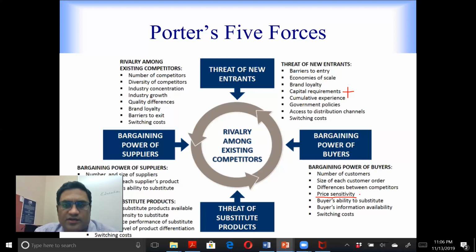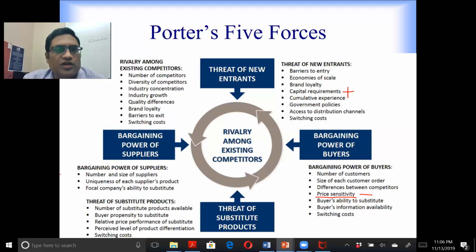So let's just say buyers are price sensitive and at the same time they have options, so you can give it a negative. You could go through the other things and see whether it's a positive thing for your company or a negative thing.